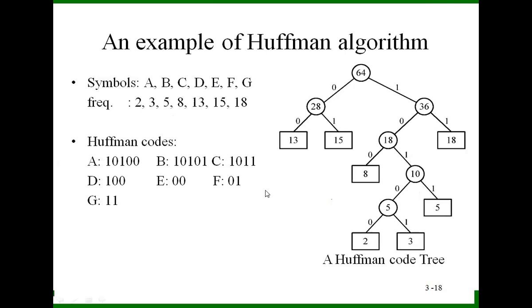So 5 and 5, you can combine 5 plus 5, you will get 10. This node is 10 and this one is D, which appeared 8 times. So 10 and 8, you will get 18. Now check this one, 18 you got here.